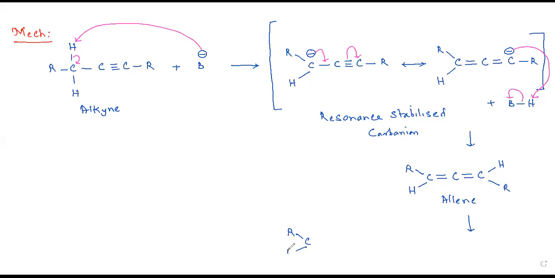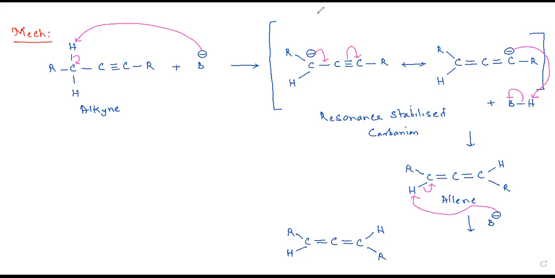R, C, H, double bond, C double bond, H, and then R. We have a B minus. Now, when this B minus is taken, the B minus abstracts this.